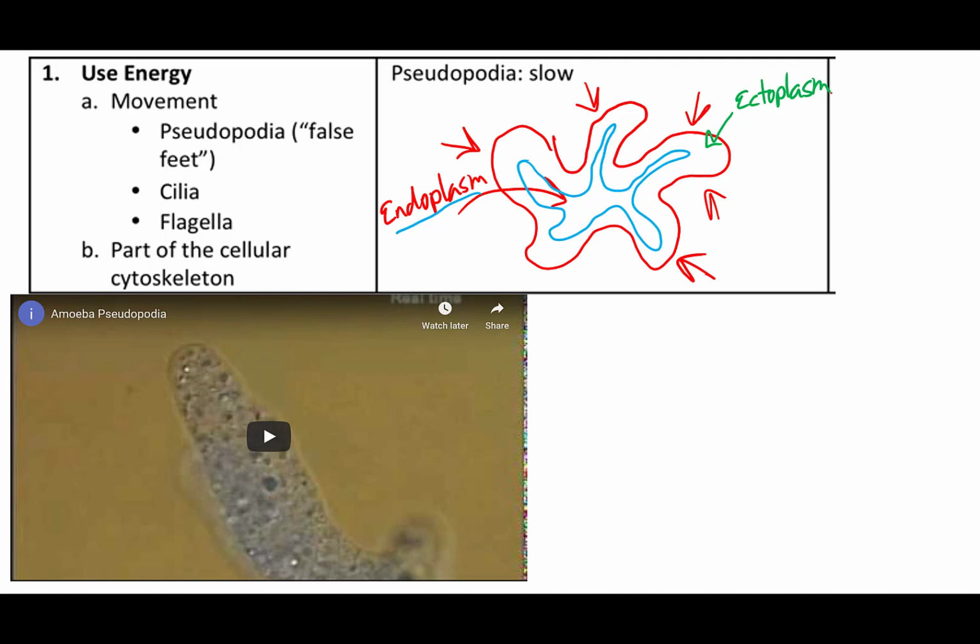And so there is something called the gel-sol theory. The gel-sol theory talks about the solubility of those two areas.